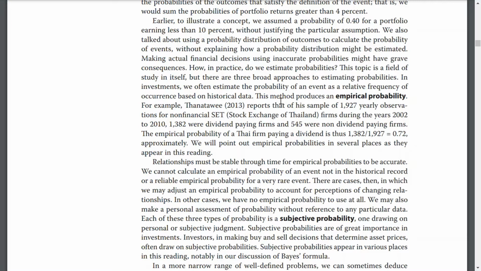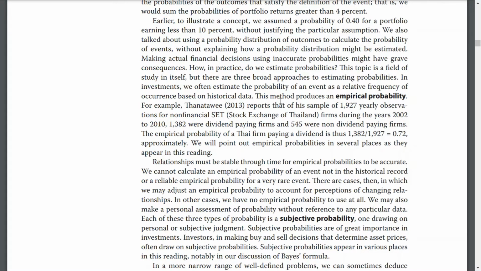For example, Ferranti, 2013, reports that in his sample of 1,972 yearly observations of non-financial SET, or Stock Exchange of Thailand, firms during the years 2002 to 2010, 1,382 were dividend-paying firms and 545 were non-dividend-paying firms.